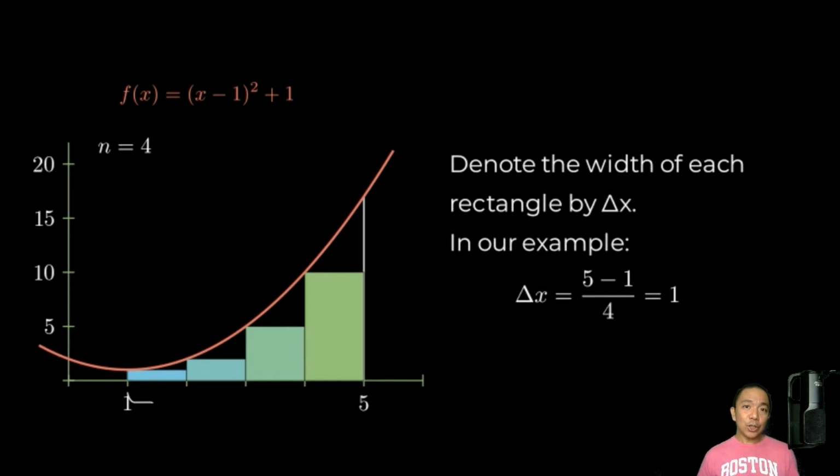So, ang denotation natin for the width or the base of these rectangles ay delta x. So, yung base nila delta x, for n equals 4, delta x is equal to 1. So, pantay-pantay sila lahat na delta x. And yun nga, equal sila lahat sa 1.